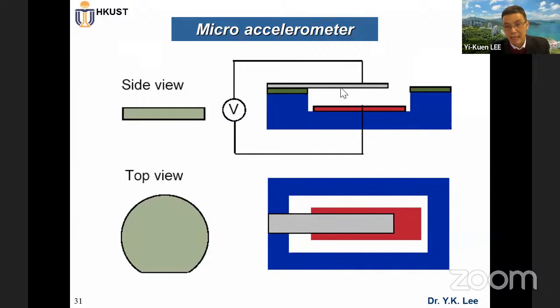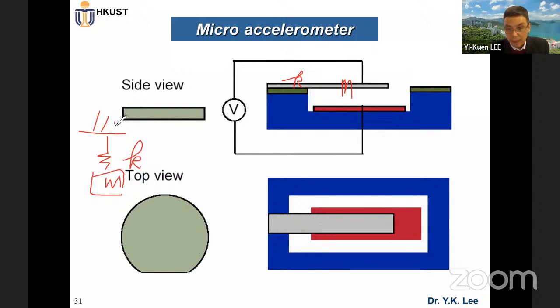Again, you have a micro mass-spring system. You have a very tiny mass and a spring. This is a MEMS micro mass-spring system, simplified here.